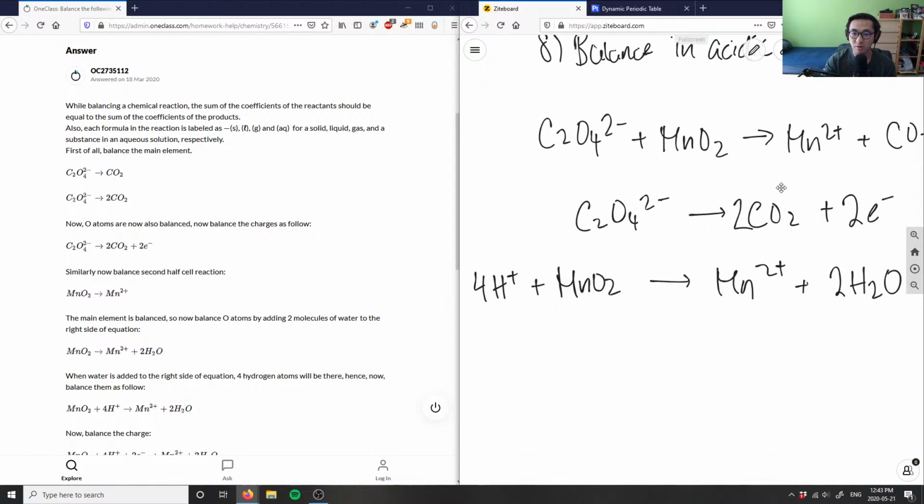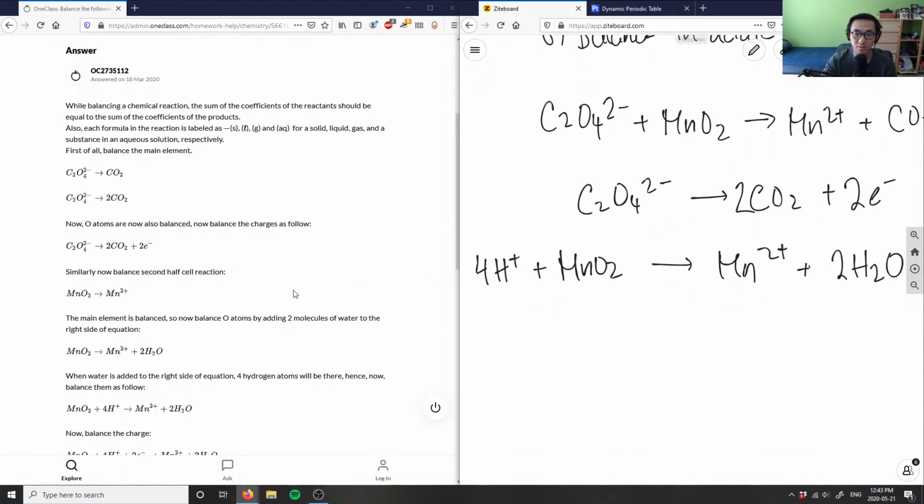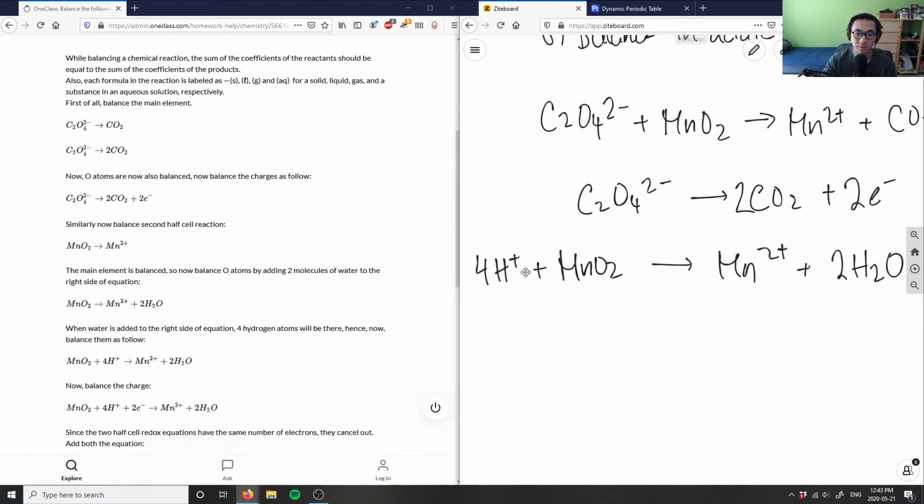Now what we can do here is we have to balance out the charges, right? So you can see here, I have 4 H pluses and then I have 2 pluses here. So I have to make these both equal to each other. And again, I can't add protons, but I can add electrons. So instead of bringing this 2 plus to a 4 plus charge, I'm going to bring down this 4 plus to a 2 plus charge. So if I want to do that, I simply have to add 2 electrons, right?